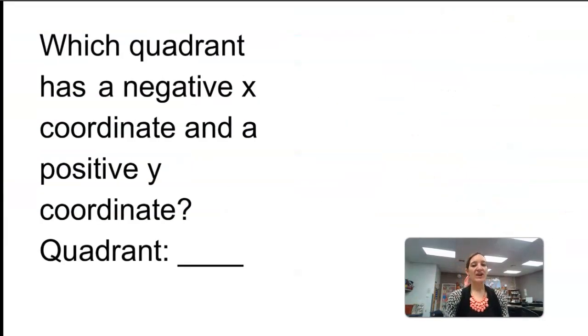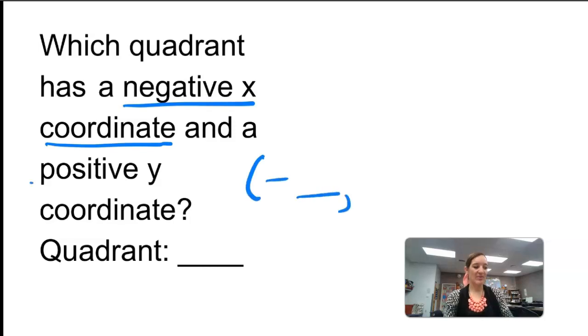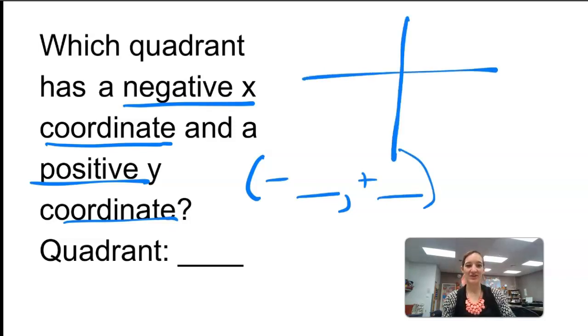All right. What if you don't even know the numbers? What if you just know that an ordered pair has a negative x coordinate, so this number is negative, and a positive y coordinate? Where would that put you? Well, if we make our little makeshift coordinate grid here, we would know that we would need to go negative for the x coordinate and positive for the y coordinate.